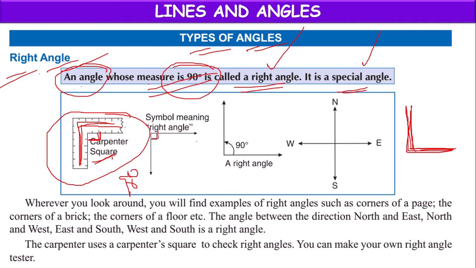So this is 90 degrees. These two arms are said to be perpendicular, and this perpendicular line symbol is also used to represent a right angle. Whenever a right angle is there, we mark it with two lines, like a square box here.